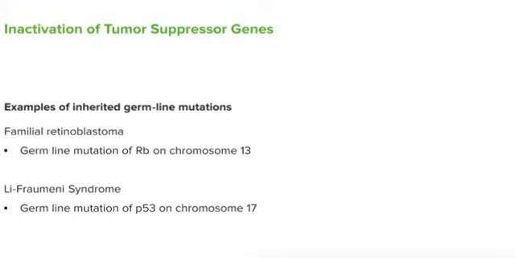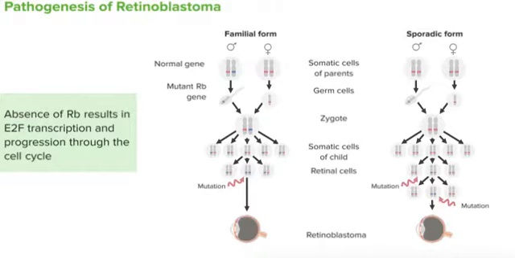This would mean that you only require one more mutation somewhere in the lineage of the family tree to develop the cancer. We have familial retinoblastoma. One hit already took place, inherited. A second hit will take place.